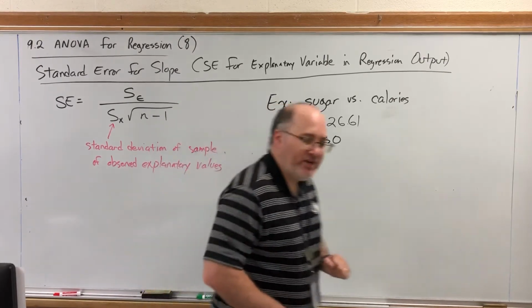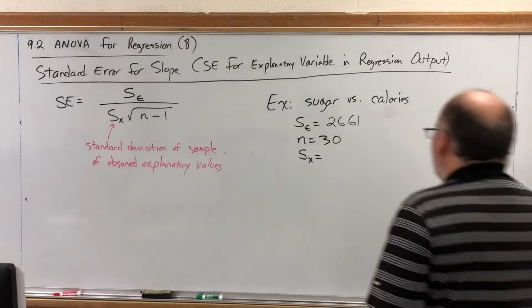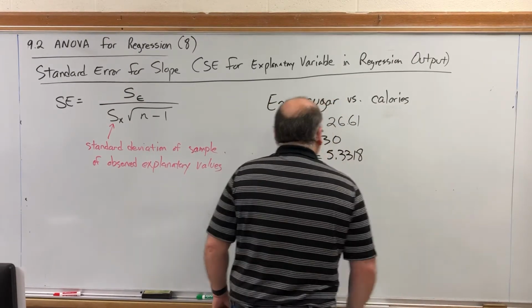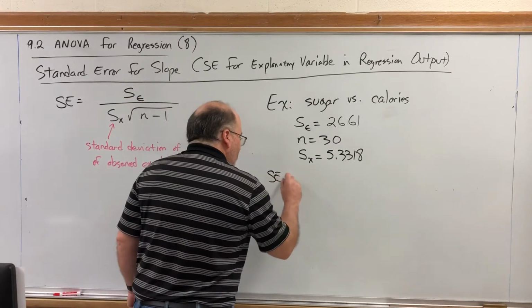But I went ahead and went in Excel and grabbed the data from a spreadsheet, which was available. And the standard deviation to 4 decimal places is 5.3318. And with that information, we can calculate the standard error for the slope.